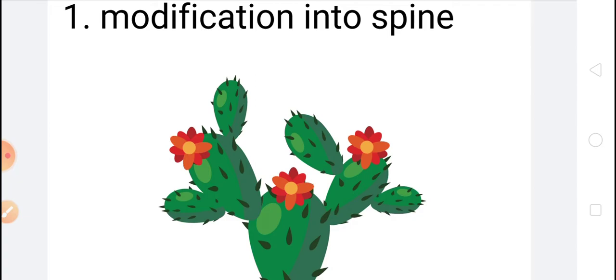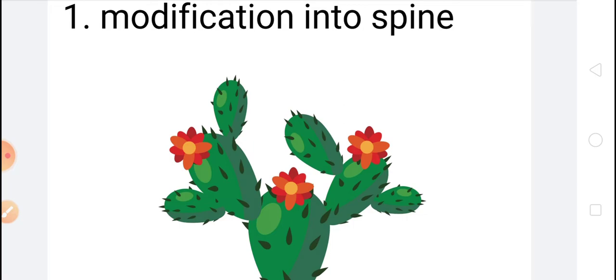So some changes come in the plant body, and those changes are called modification. Sometimes the plant changes its parts into different structures to adjust itself to the atmosphere. Such kinds of changes which occur in the plant body are called modifications.